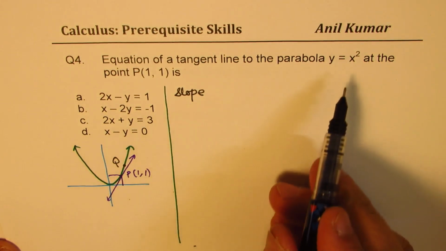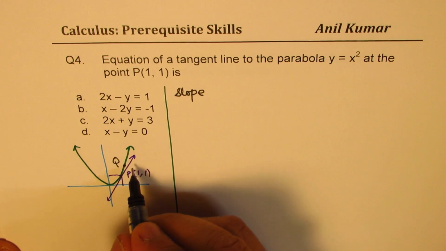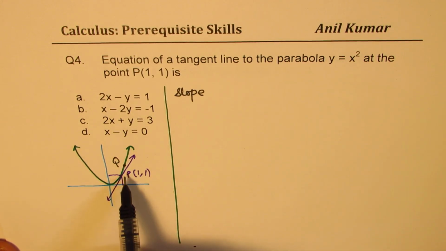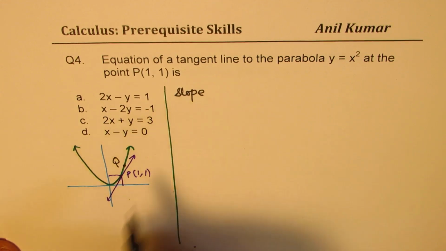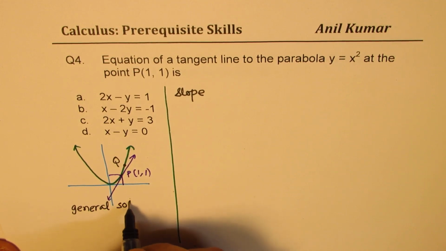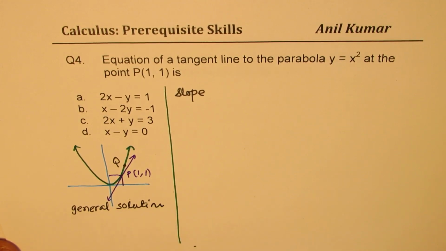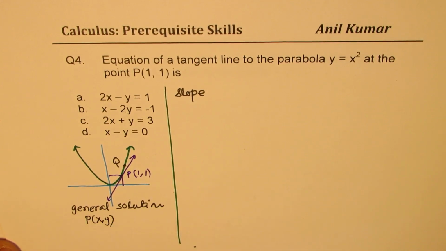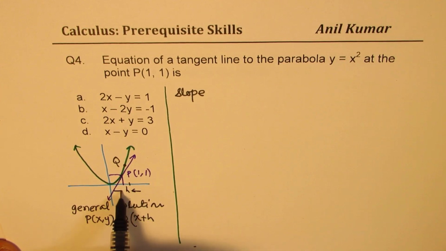Let me provide you with the general solution so that you could use that in any similar question. I'll consider point P as x, y and point Q as x plus h, where h is very close to the point P. That's the whole idea.